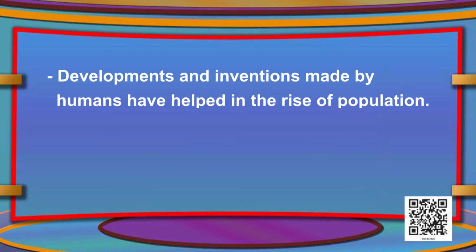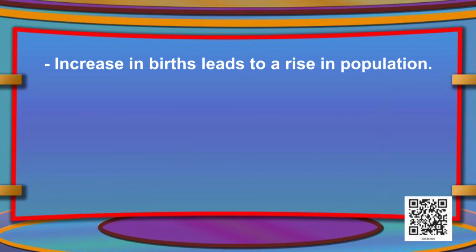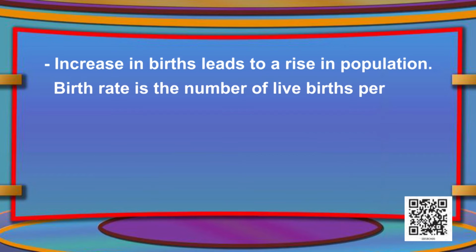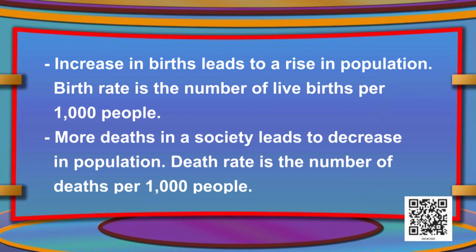Developments and inventions by humans have helped in the rise of population. Population can change because of any of the following components: births, deaths or migration. Increase in births lead to a rise in population. Birth rate is the number of live births per 1,000 people. More deaths in a society leads to decrease in population.